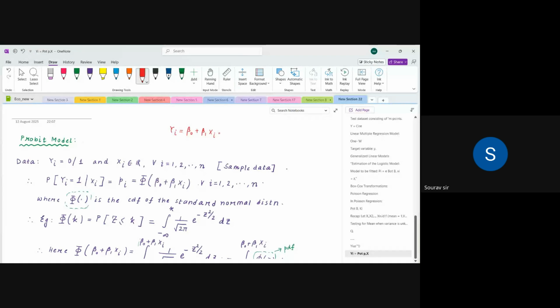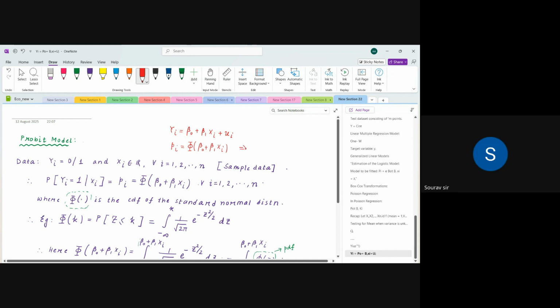Now, instead of finding a relationship between y and x, I want to find a relationship between pi and x. But we cannot directly write pi as beta naught plus beta 1 x, right? Pi has to be bounded between 0 and 1. So I use a function that ensures that the functional value of beta naught plus beta 1 x i will lie between 0 and 1.